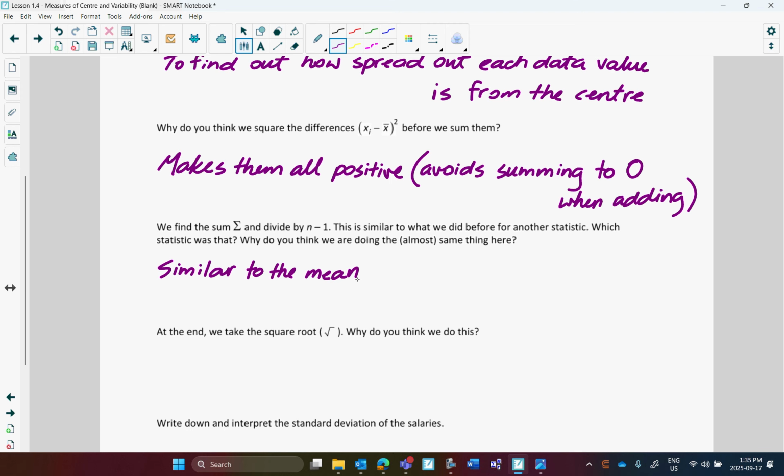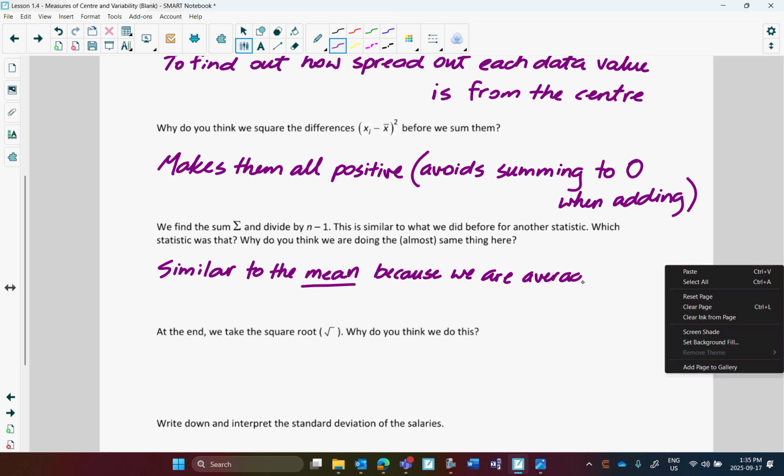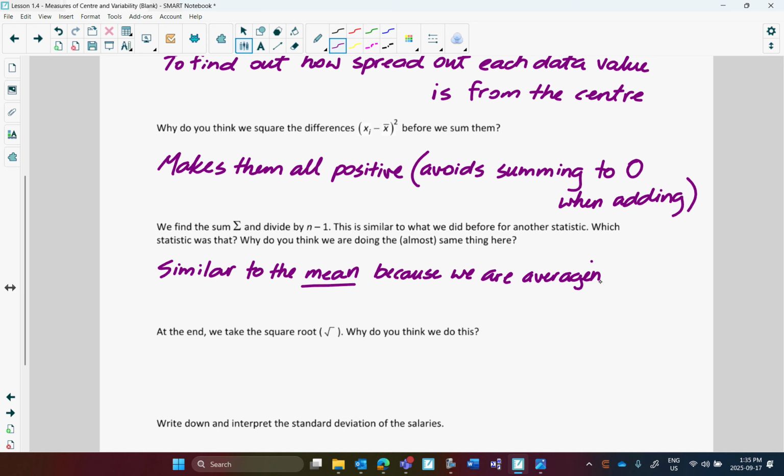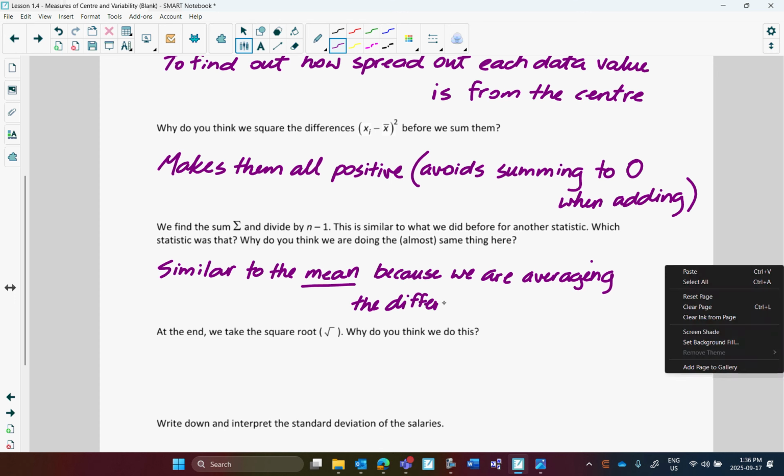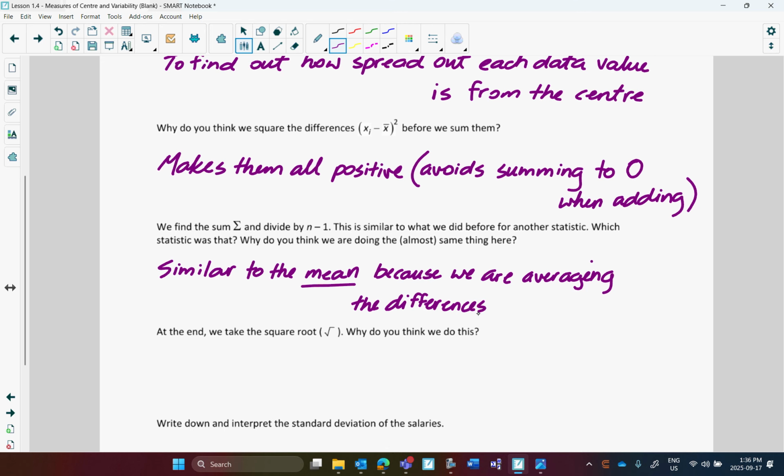So it's similar to the mean because we are averaging all the differences that we found, squared.